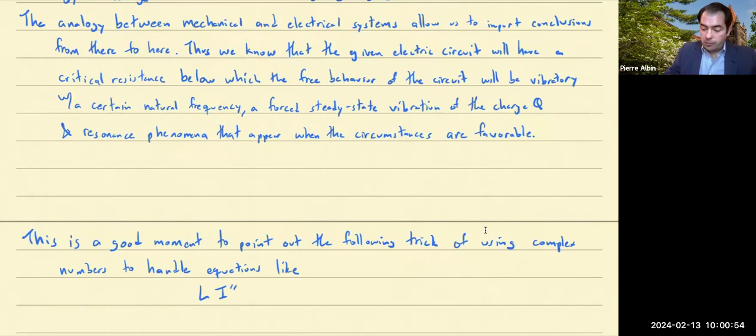So L I double prime plus R I prime plus 1 over C I equals. So if we were to think of our voltage as being, say, V naught times cosine of omega t, then the right-hand side of the equation for the current has the derivative of the voltage with respect to time. So here I would end up with minus omega times V naught times sine of omega t.